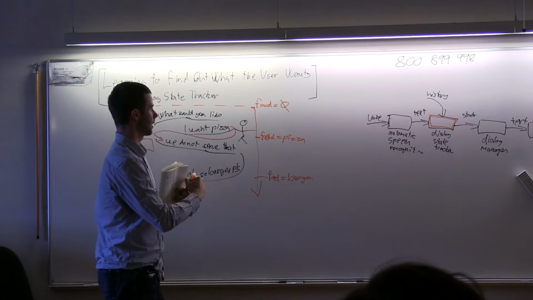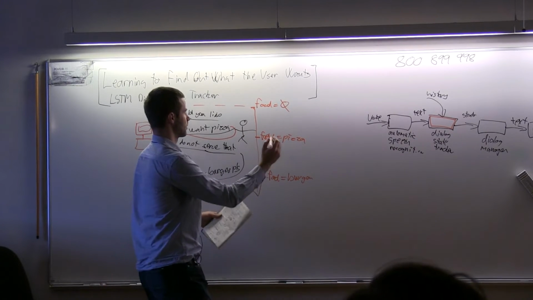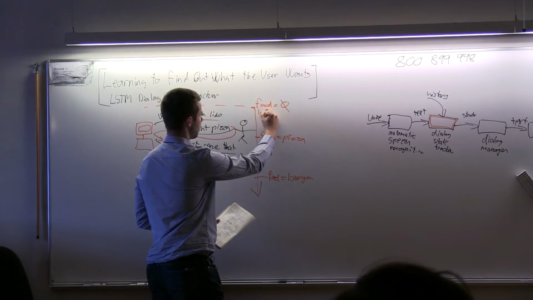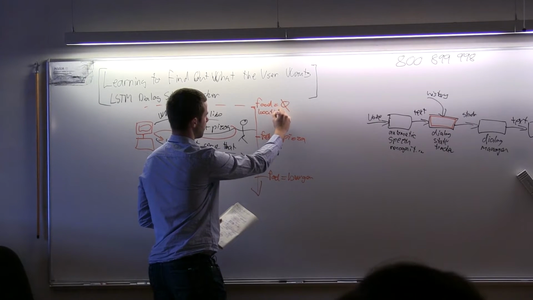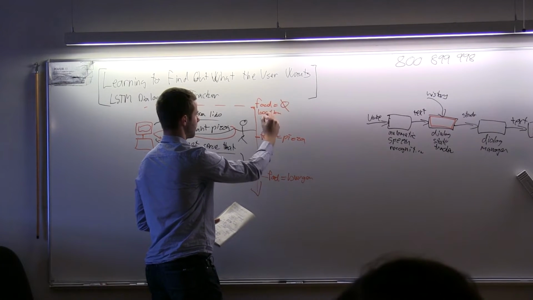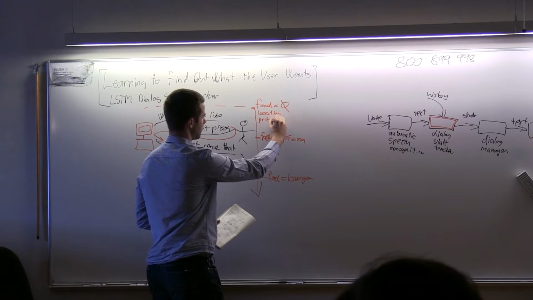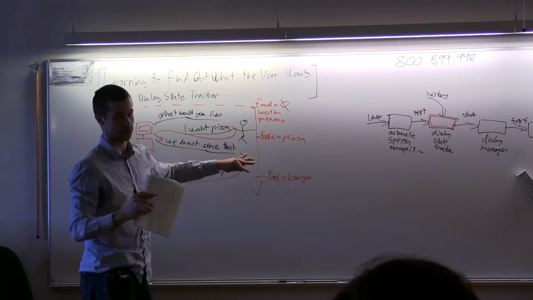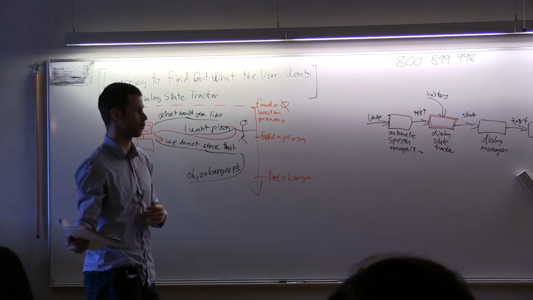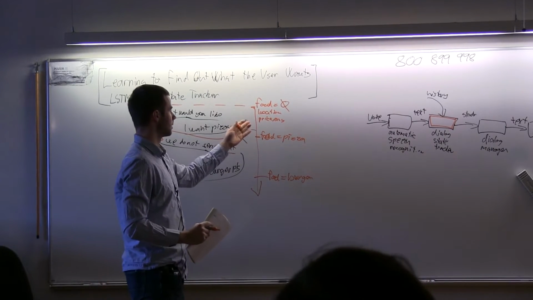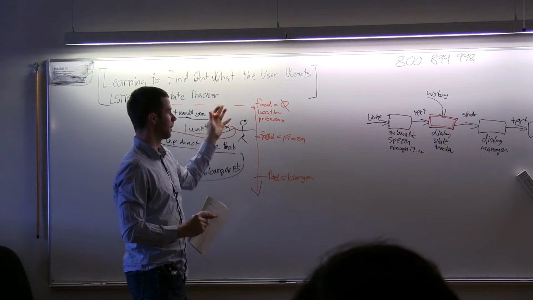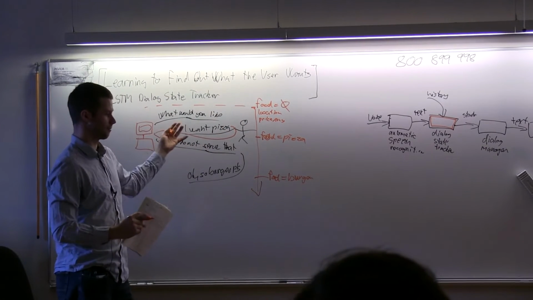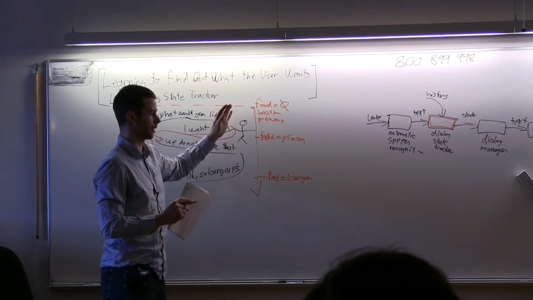Generally, the dialog state can have multiple slots, such as food, location, price range. It depends what domain you are in. I'm talking now about a restaurant domain, providing information on restaurants. These are some pieces of information that users will tell to the system, and these are sensible to track.